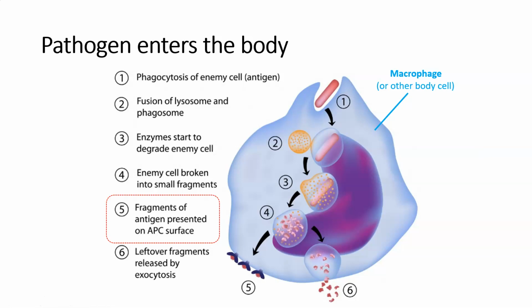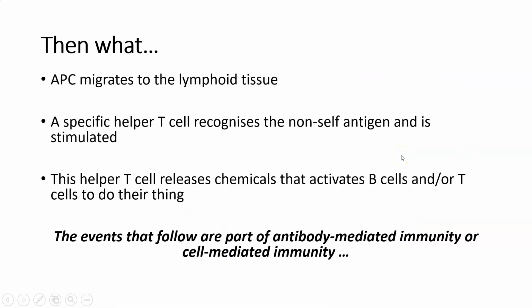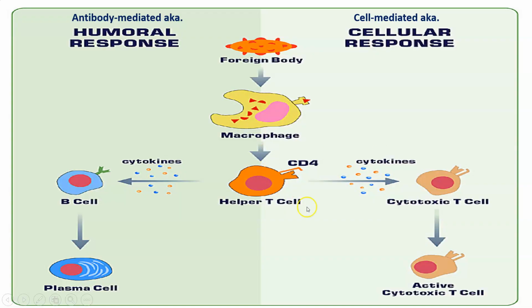As with the previous lesson, antigen-presenting cells migrate towards the lymphoid tissue and they present these foreign antigens to helper T cells. Helper T cells, we know, secrete a cluster of chemicals called cytokines in response to this antigen-presenting cell, and that initiates both humoral and cellular responses.